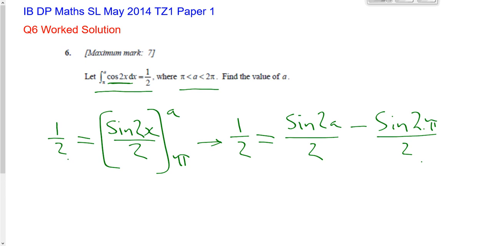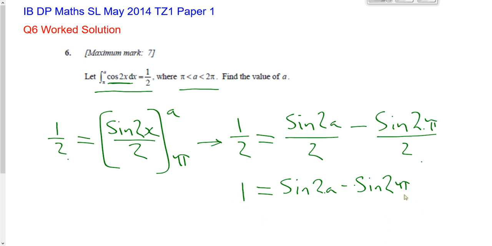Now, because they're all being divided by 2, we can multiply both sides by 2, and that will get rid of our denominator. So we'll just end up with 1 is equal to sine 2a minus sine 2 pi. The sine of this angle here minus the sine of 2 pi is equal to 1.